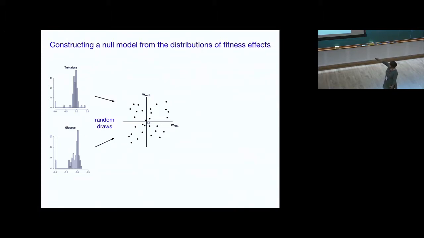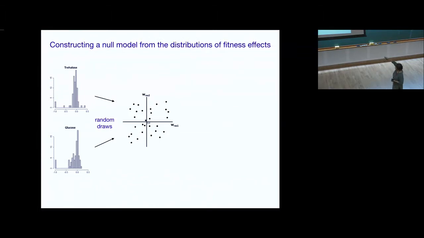Because what we're doing essentially is dissociating the fitness effect of a single mutation on these 2 resources which actually occurred, stripping it of that connection and just randomly picking one mutation. It may fall anywhere within this distribution in terms of its effect on glucose.